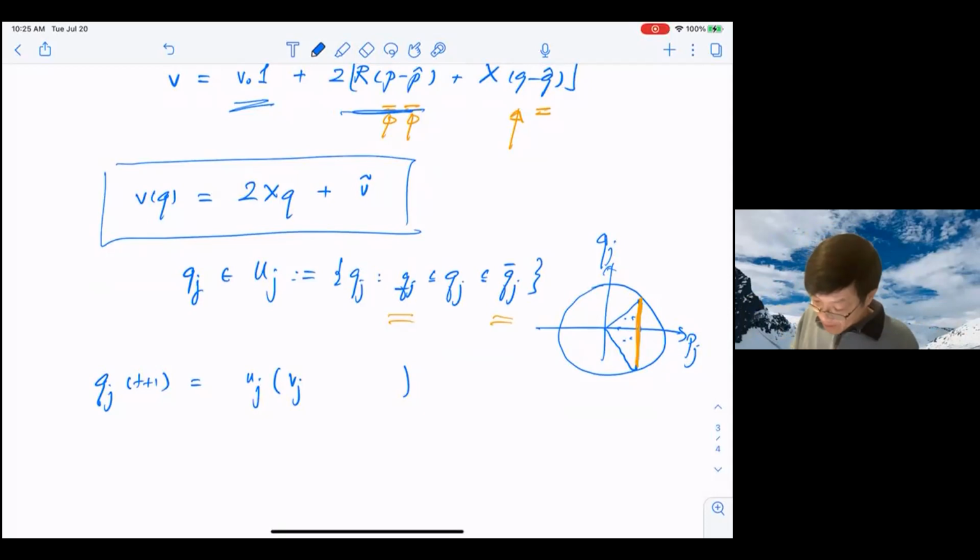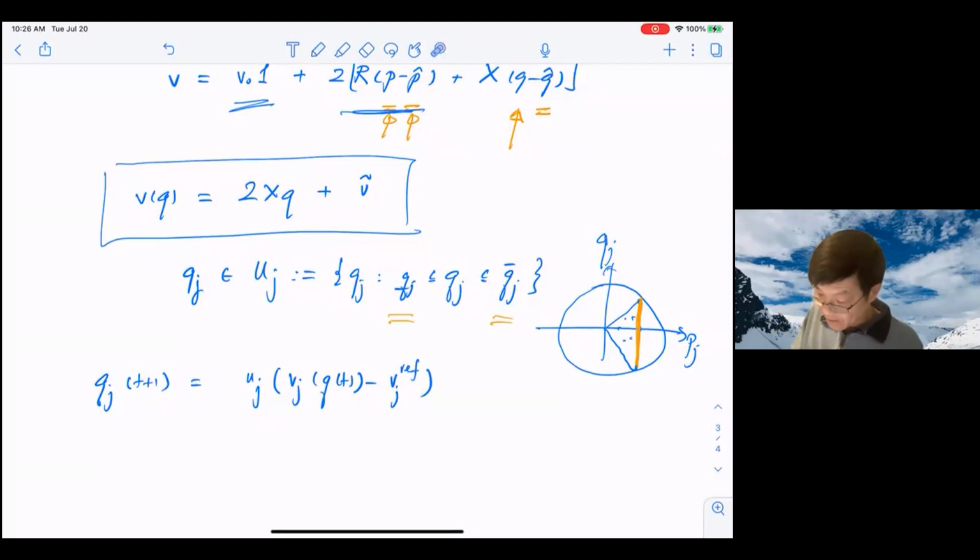And VJ depends on the previous control Q vector. So it depends on all the Qs on the grid at time t, minus the reference. So there is a nominal voltage. So VJ reference, the reference can be different for different nodes, right?